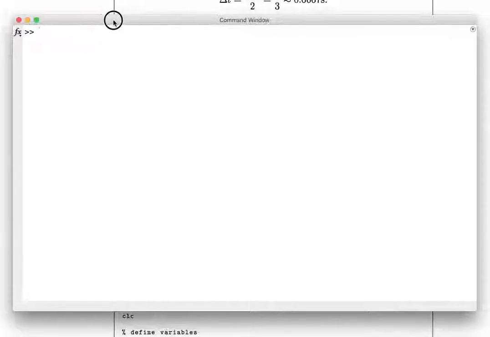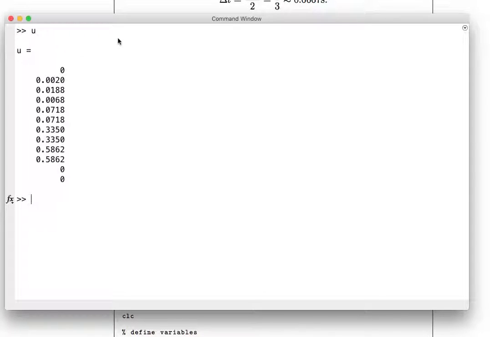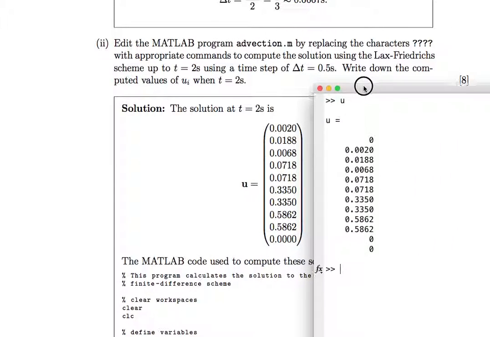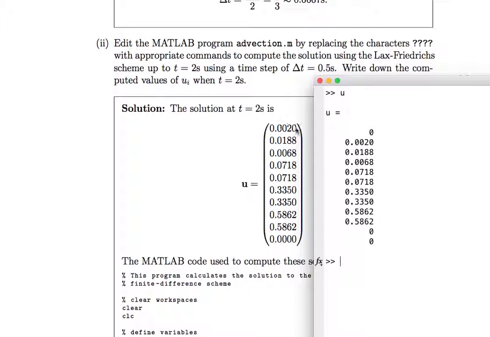So if I bring in the command window and find out what the values of u are, these are the solutions you should be writing down in your answer booklet, as well as, of course, saving the MATLAB file to the H drive. Those are the solutions there, and you can see that's what I've written down. You might notice I haven't included the ghost nodes. It doesn't really matter if you do or you don't, so don't worry about that.